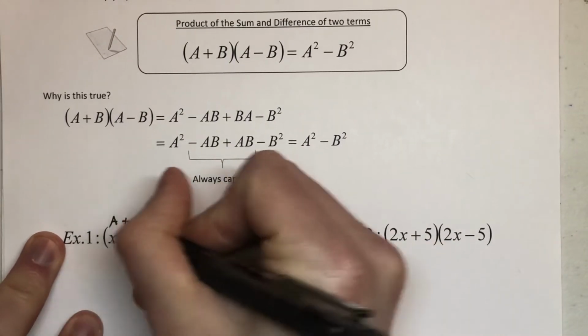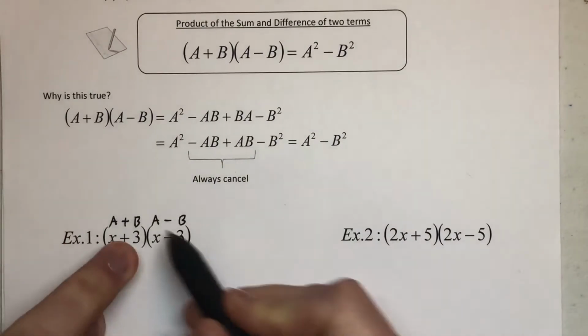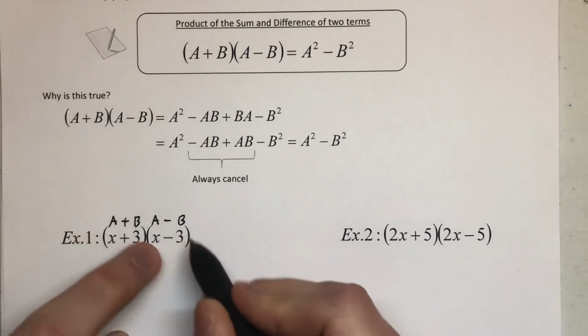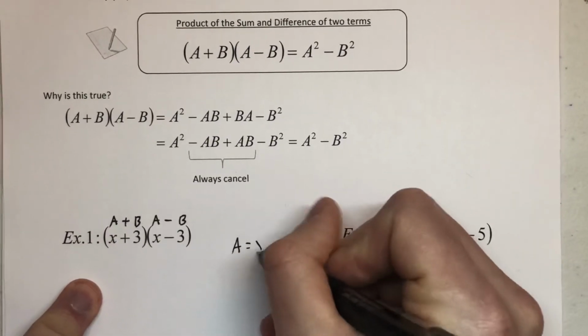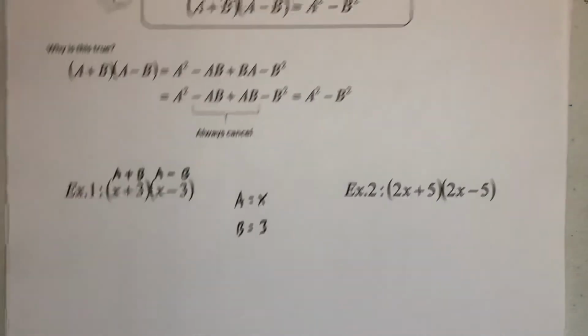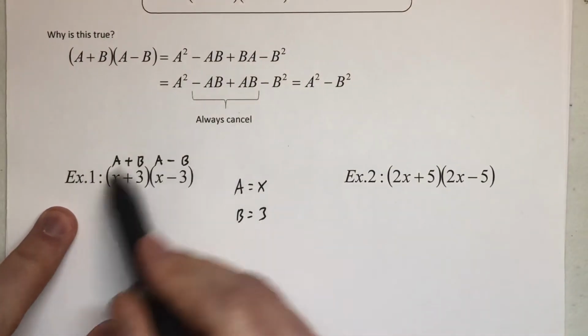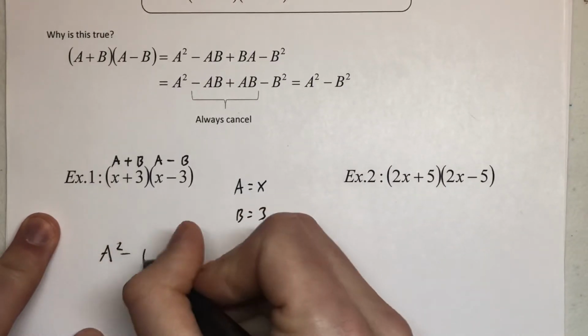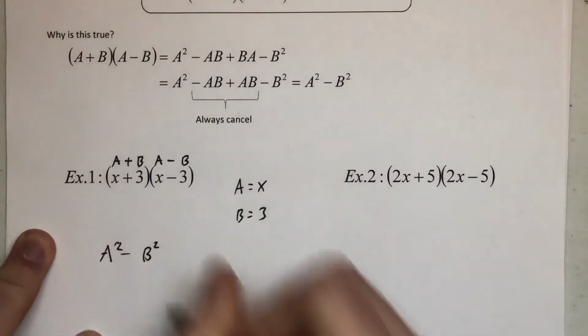So the idea is this pattern, when you see it, we say those are the same, those are the same, one plus, one minus. And the order of which one's the plus and which one's the minus doesn't make a difference. But what does matter is which one's A, which one's B. So A, in this case, is x, B is the 3. If you can identify this exact pattern, you can say that we know the result will simply be A squared minus B squared.